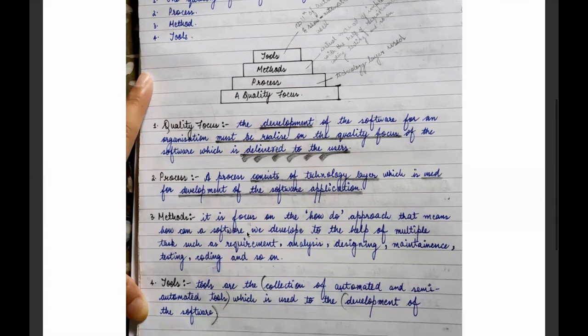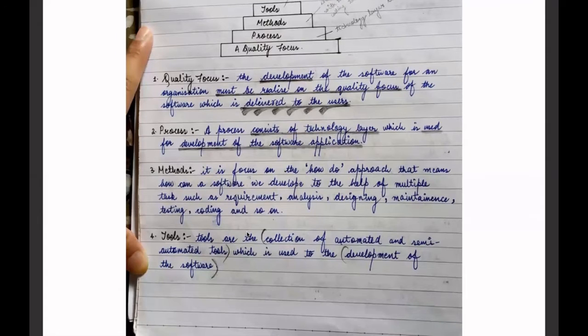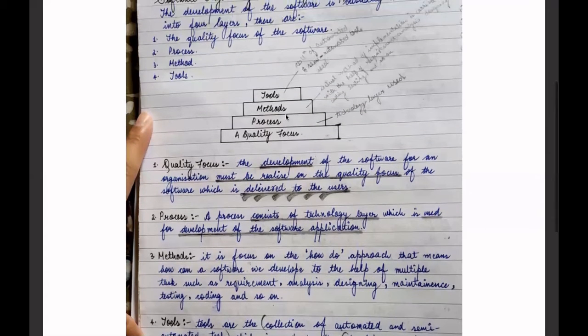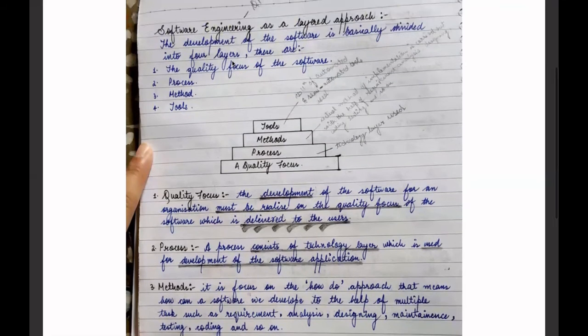And tools are the collection of automated and semi-automated things which are used to develop a software. These are four elements which are used in an approach to develop a software in software engineering.